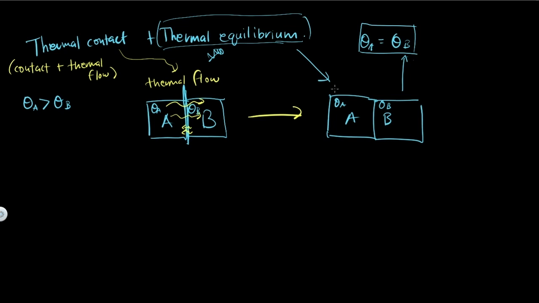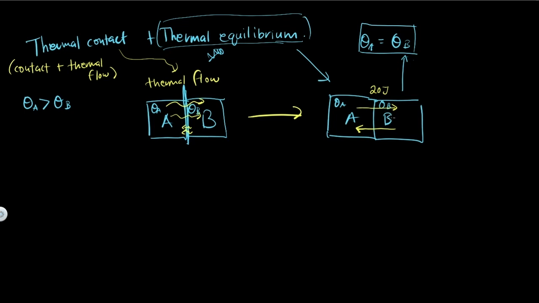And then what will happen to the heat flow or thermal flow between them? Initially, when A is hotter than B, more heat will flow from A to B compared to B to A. Once they reach thermal equilibrium, the flow of heat from A to B is equal to that from B to A. Let's say from A to B, the thermal flow is 20 joules.